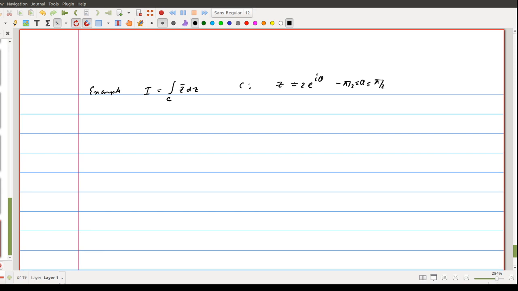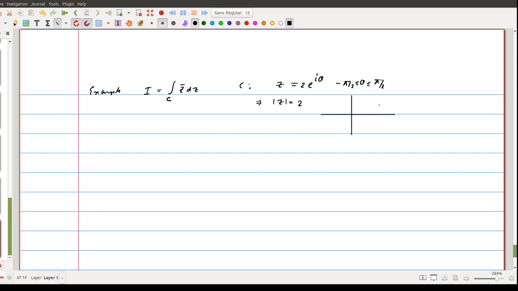So this describes a circle of center 0 and radius 2, because if we consider this mod z, then, since the modulus of e raised to i theta is equal to 1, this implies mod z is equal to 2.